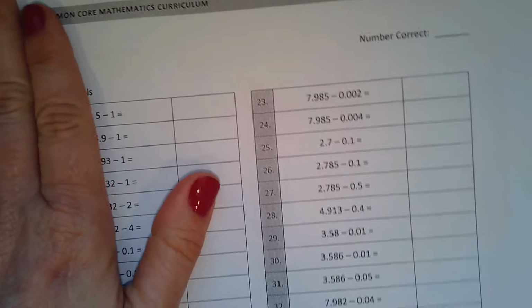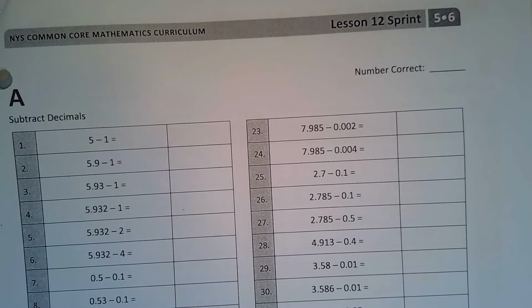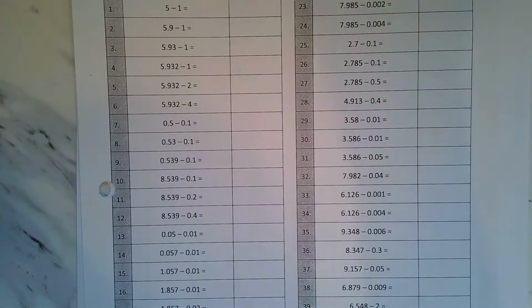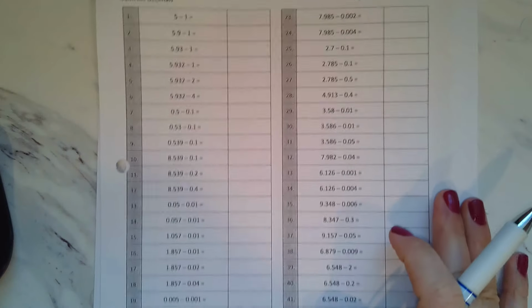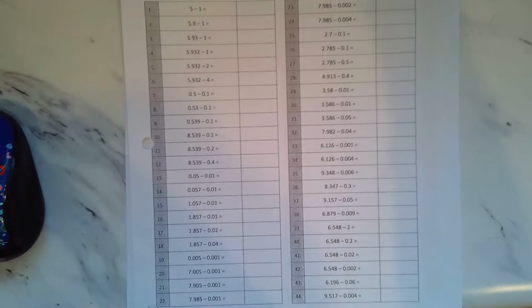All right. The next part of our fluency task is, yes, you guessed it, it's a sprint. So, if you look at Module 6, Lesson 12, we are going to be subtracting decimals. So get yourself situated, get your packet out, make sure you've got it. We're going to subtract decimals. You have 1 minute.